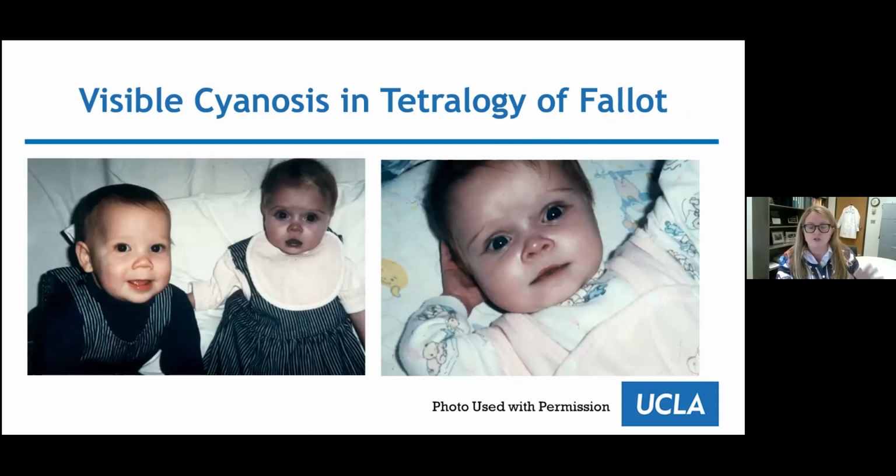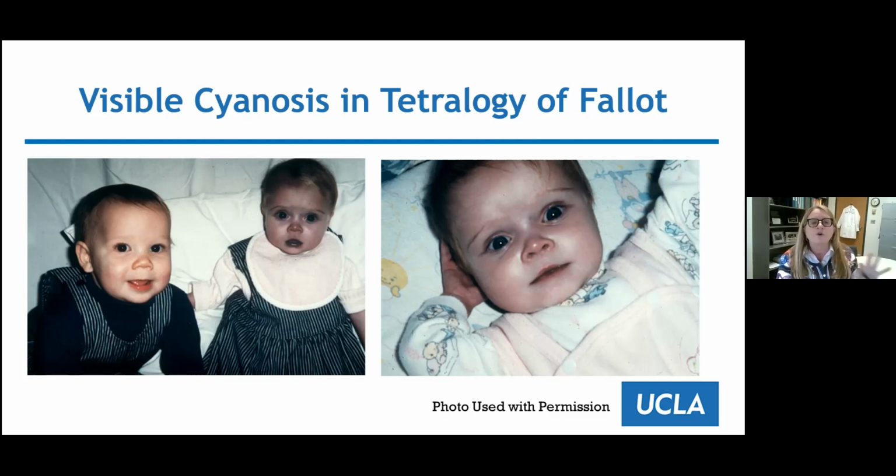This is just a picture that I like to show everybody because this is cyanosis that you will never see in the United States, because we will intervene before a child looks this bad. These are twins, and I saw these children when I was on a medical mission in Russia.